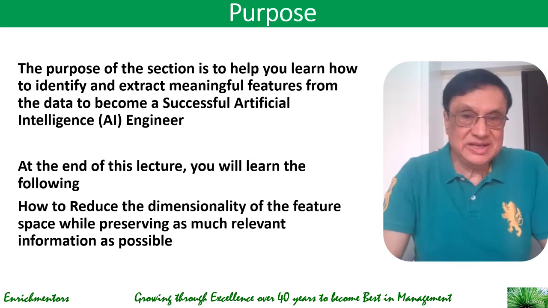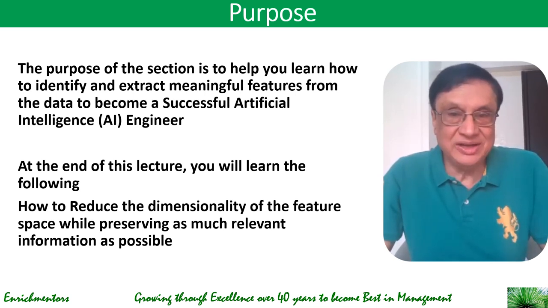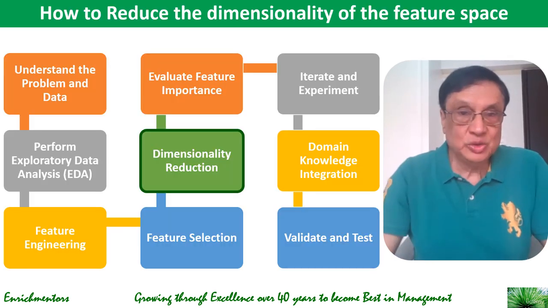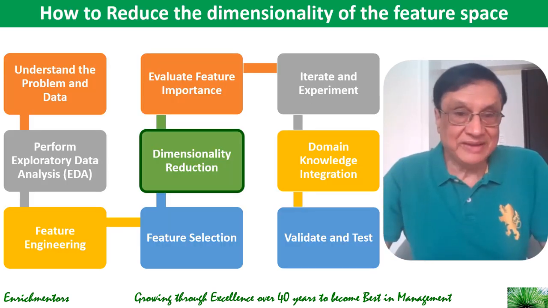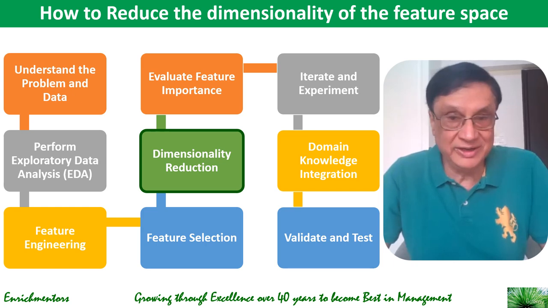So in this lecture, we will now talk about how to reduce the dimensionality of the feature space while preserving as much relevant information as possible. As you can recall, we are doing this after having generated a lot of features to brainstorm in the feature engineering step, after first understanding the data and the problem and exploring data.